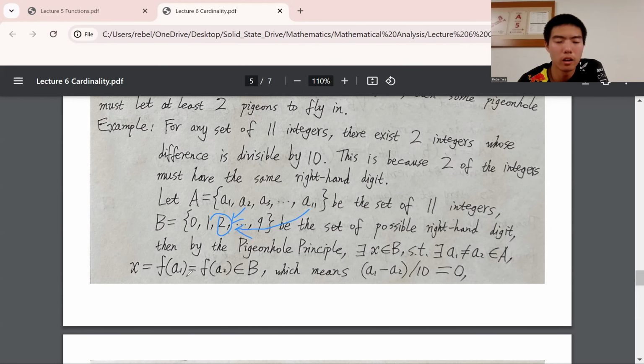So their right-hand digit is the same, and their difference is divisible by 10.